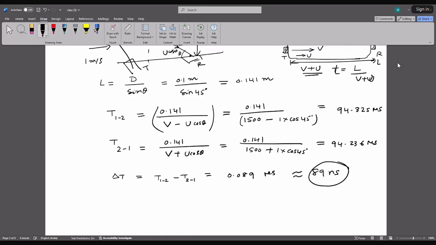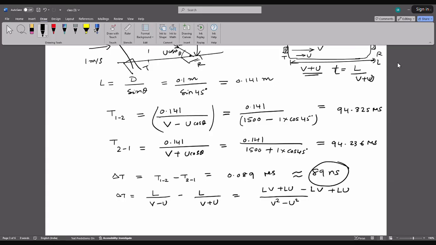So it's a very small time for control electronics to measure. But instead, you can use the electronics to do this. Basically, this delta T is L divided by V minus U minus L divided by V plus U. So you have V square minus U square in the denominator, and the numerator is LV plus LU minus LV plus LU.